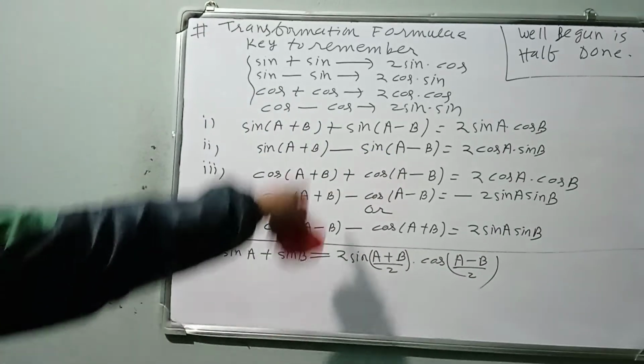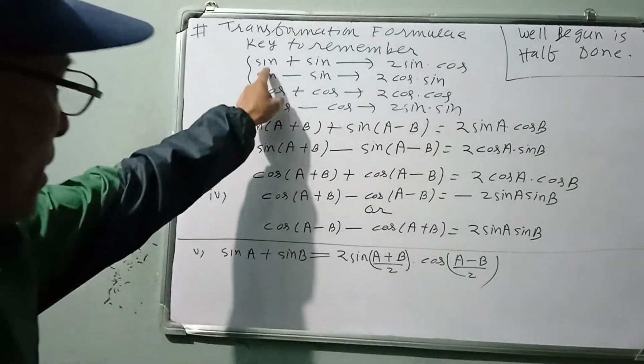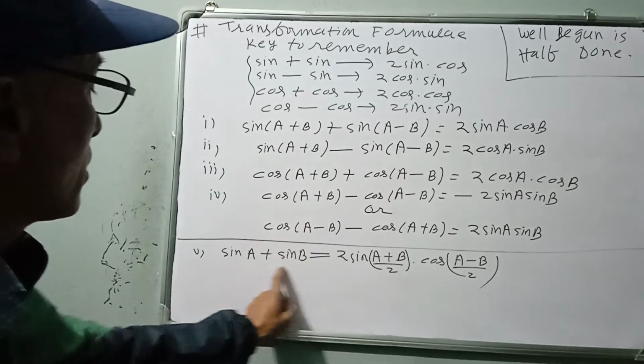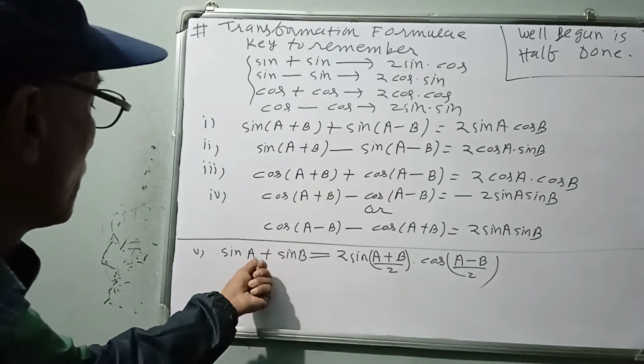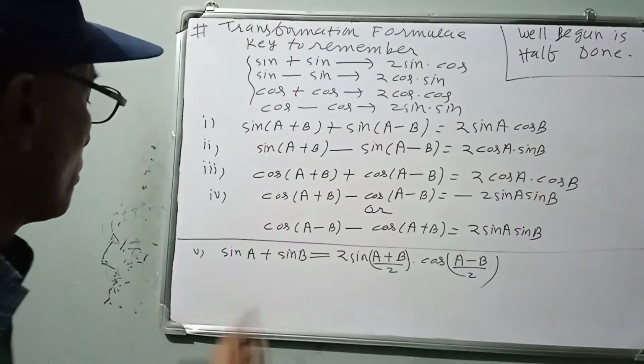Same, sin plus sin is 2 sin cos. Here sin A plus B is the compound angle. Here single angle. If single, add the two, divide by 2; subtract, divide by 2, make half.